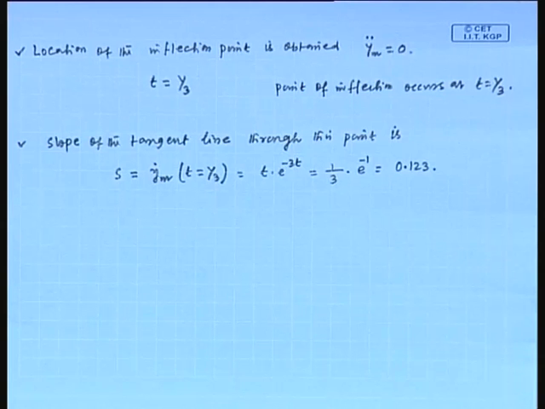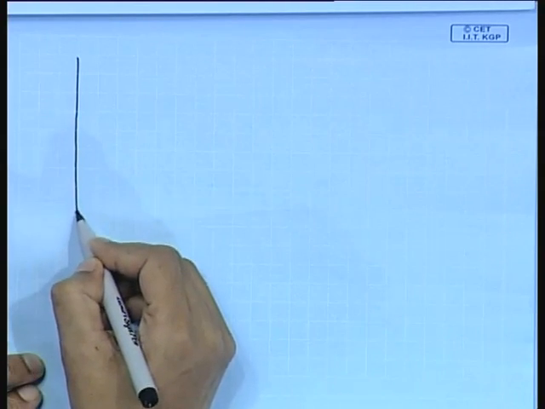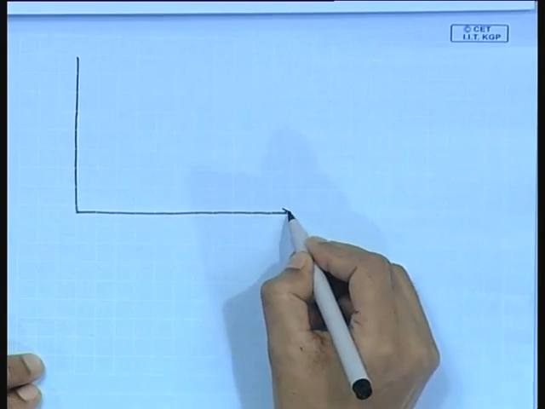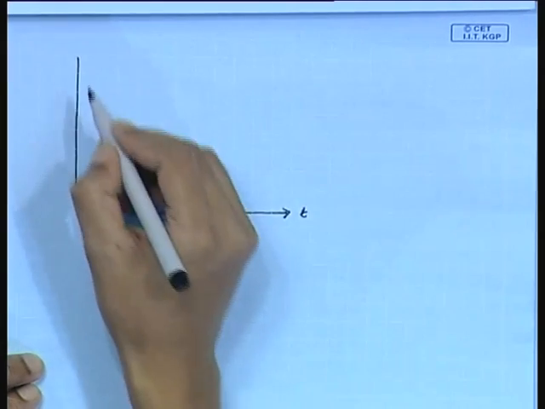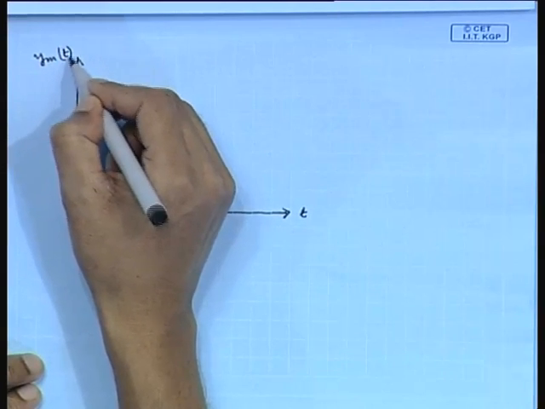The slope we obtain is 0.123. I think at this stage it is good to draw the response. This is time and this is ym(t).